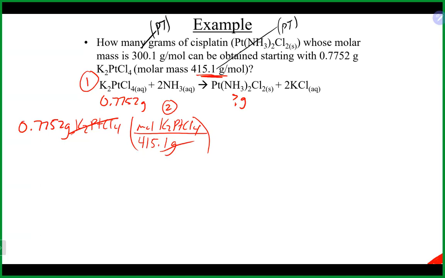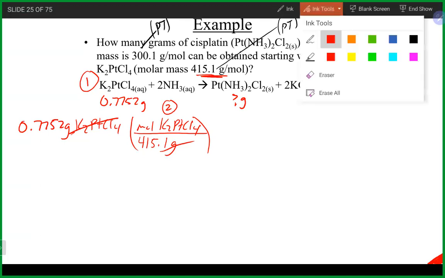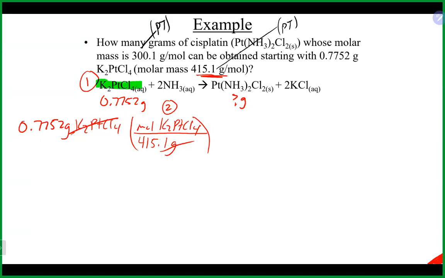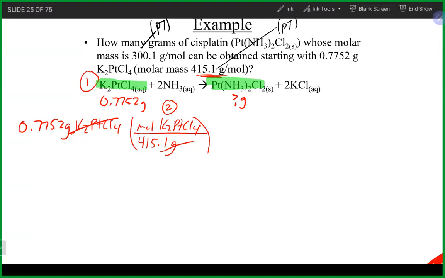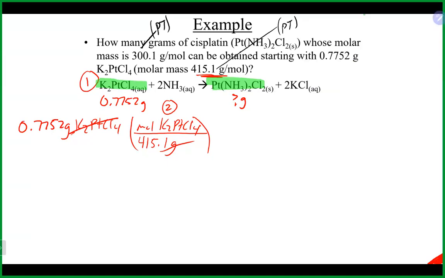Now we can use the stoichiometry from the equation, and looking at our compound here and here, not too bad. It looks like it is a 1-to-1 relationship between those. So as we can see there, for every 1 mole of our K2PtCl4, we get 1 mole of our product there, Pt(NH3)2Cl2.